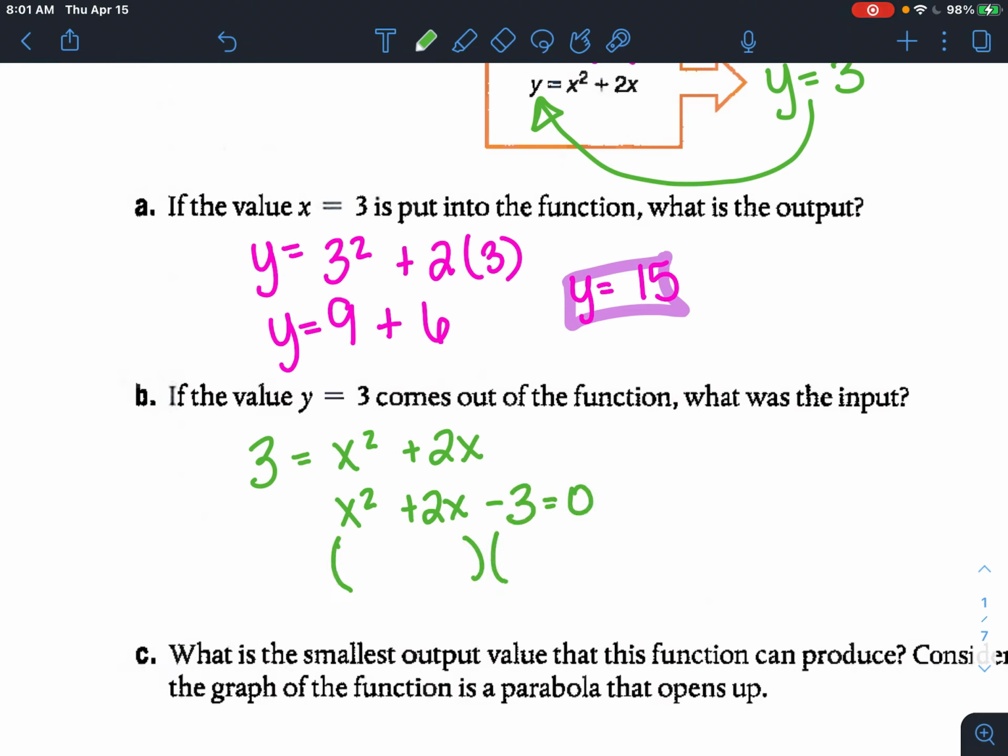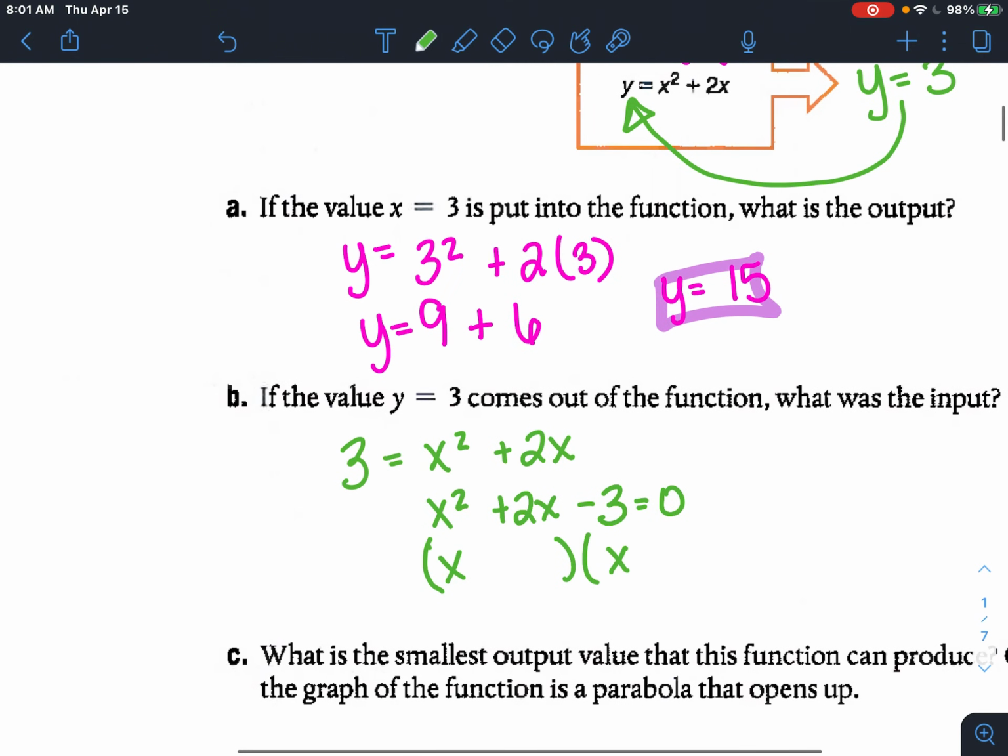So I'll have x squared plus 2x minus 3 equals 0. I can then factor. My signs are going to be opposite, and the bigger number is going to be positive. So the only numbers that multiply to 3 are 3 and 1.